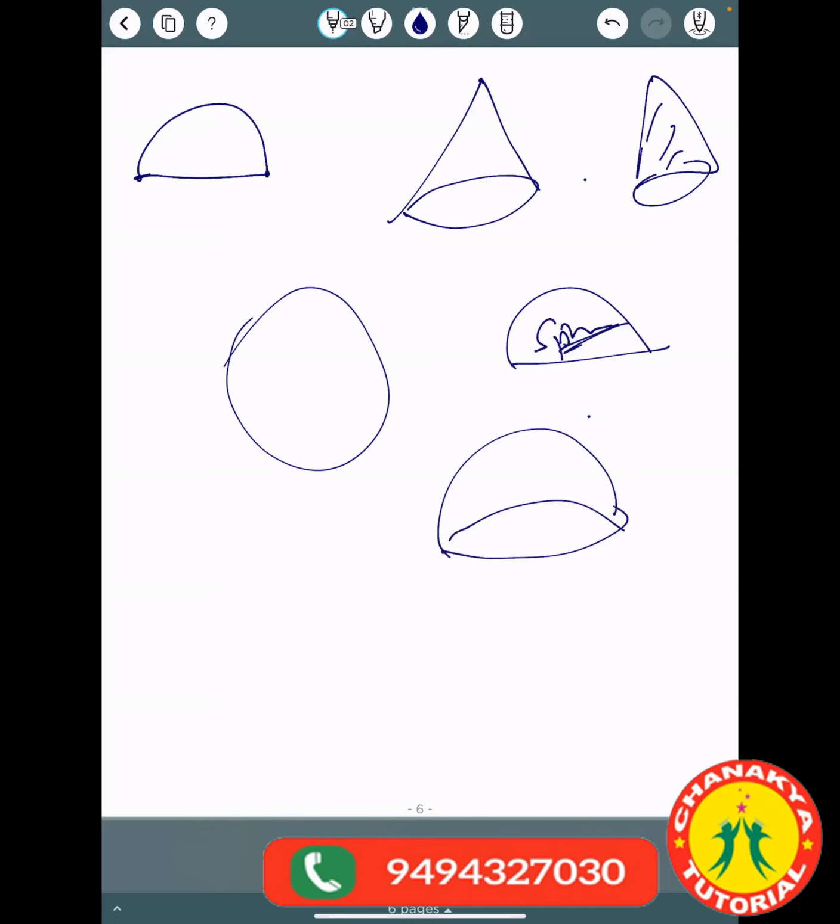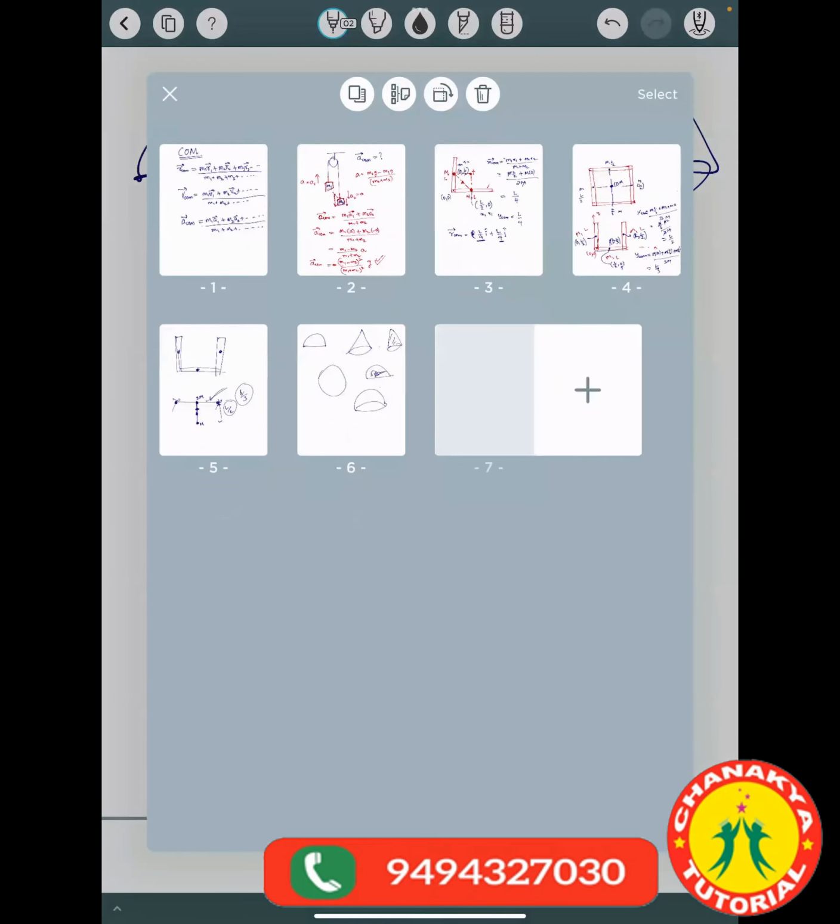All those you have to memorize. No compromise. Not giving you any assessment, any homework. Small homework I'm giving you and you're not doing. Okay, let's come to the topic.